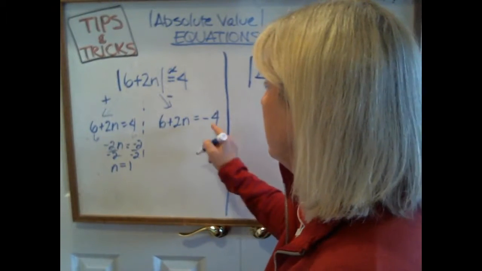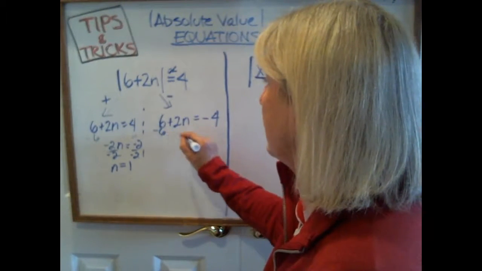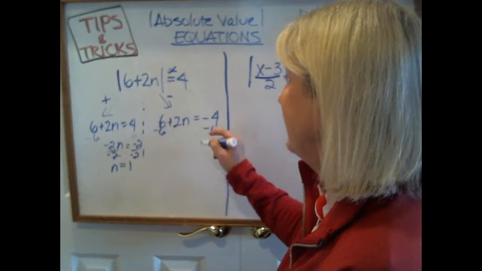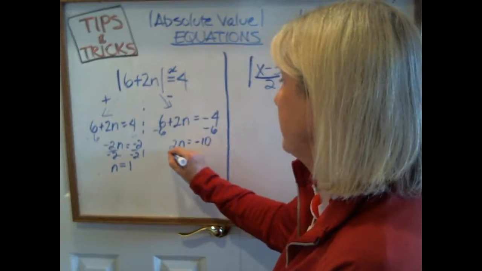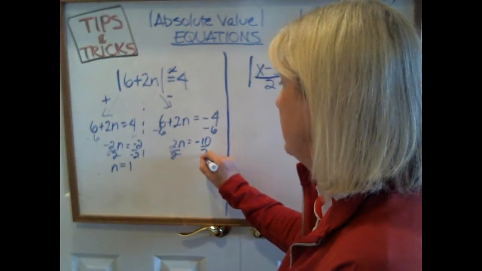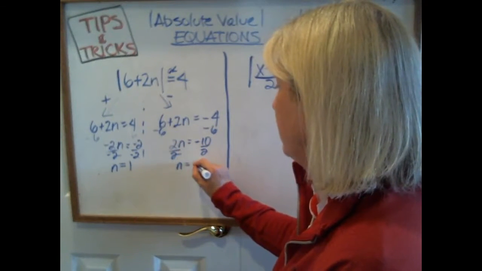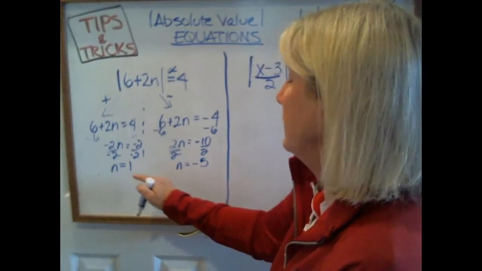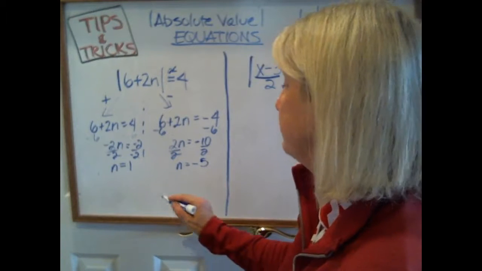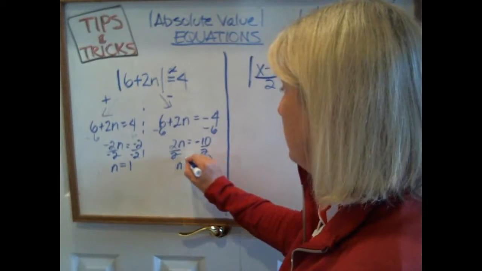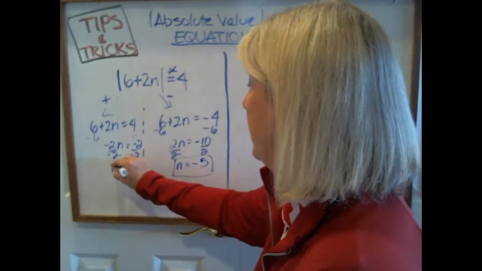Then we do this one, it's a -4 over here, so when we subtract 6, we're going to get a -10. So we have 2n equals -10, divide by 2. So we get n equals -5. So that means there's two answers, 1 or -5. And so those would be our two answers for this.